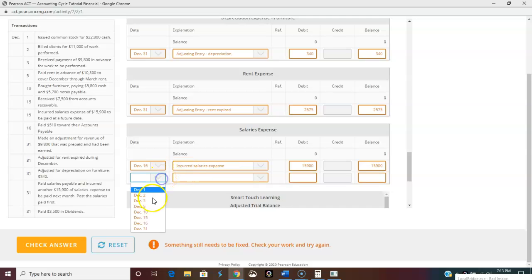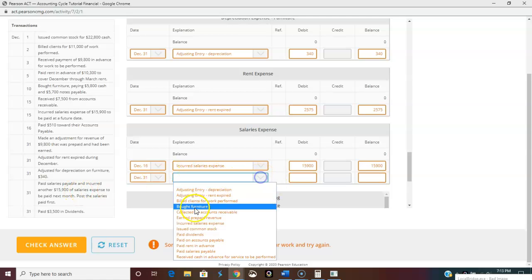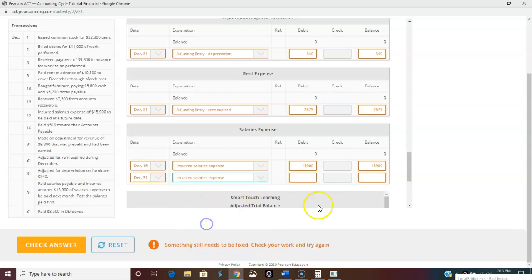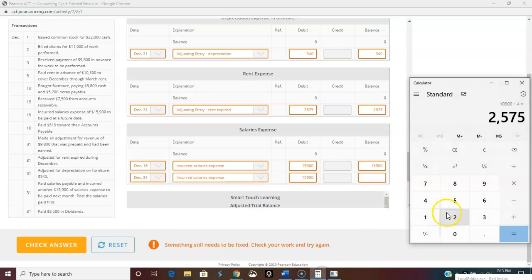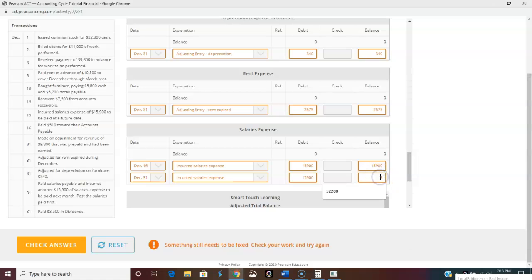And we have another salaries expense, I think on the 31st. Another incurred salaries expense of $15,900, so total is $15,900 times 2, $31,800.